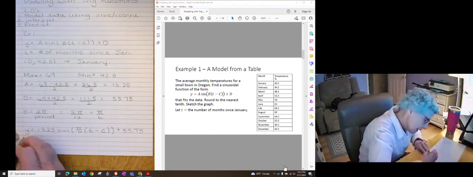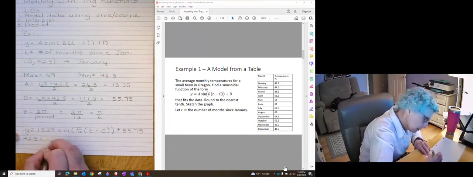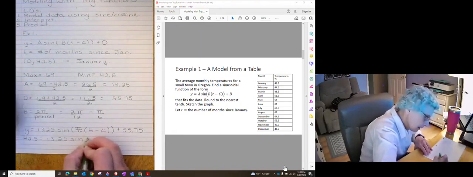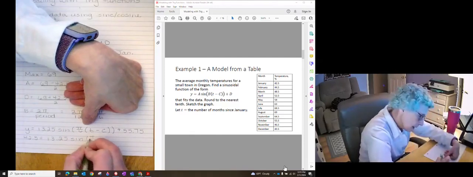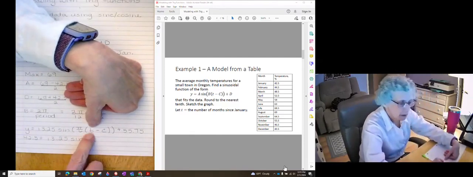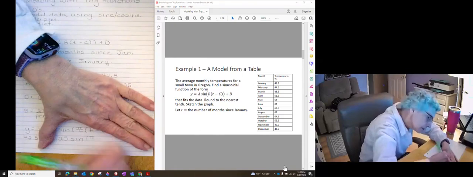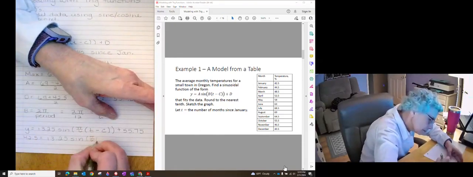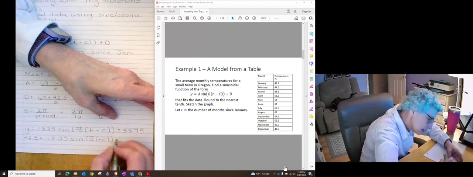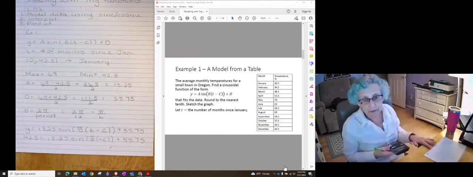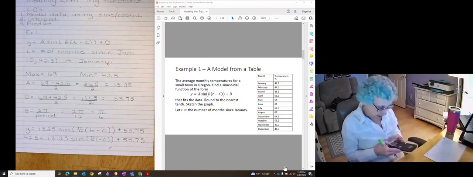So if I say 42.5 equals 13.25 sine of pi over 6 times (0 minus c), plus 55.75, then I can subtract 55.75 from each side.